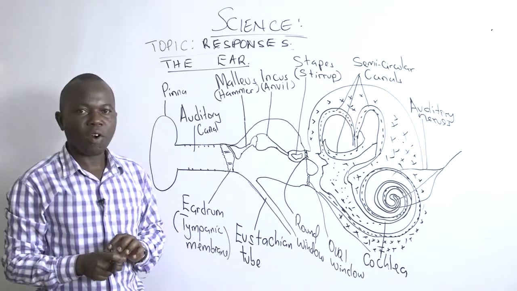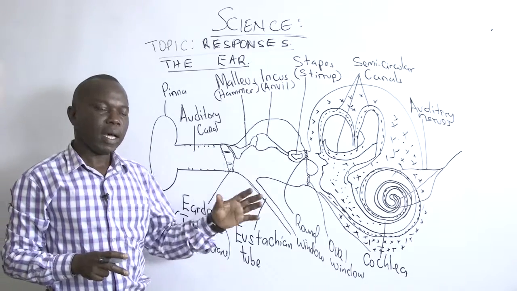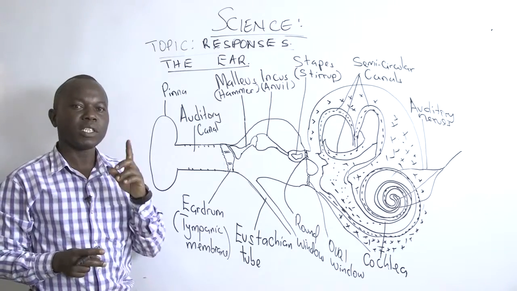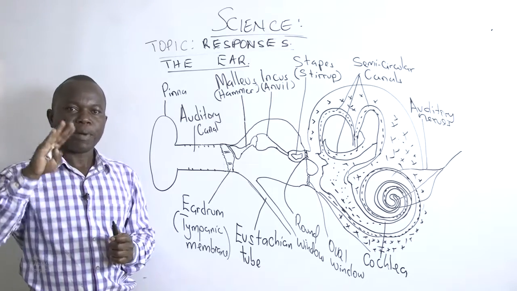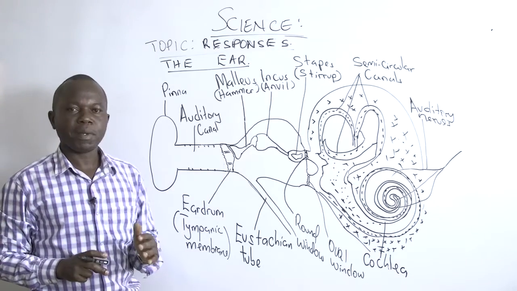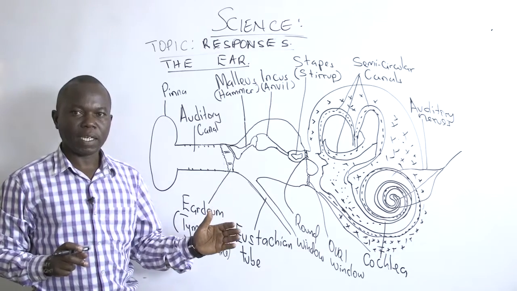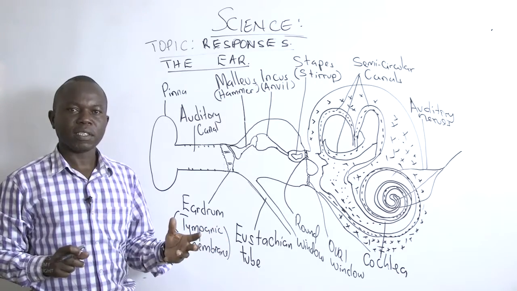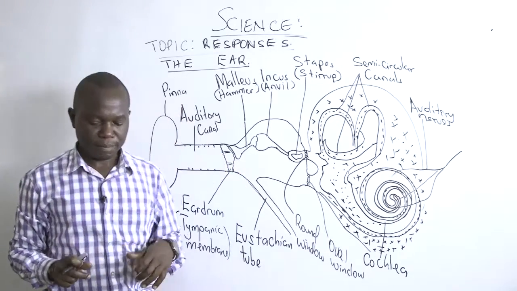So they transmit impulses from the inner ear to the brain. You can remember we looked at several parts of the brain. The part of the brain for senses, that is sight, hearing, and taste, remember that part? We were calling it the cerebrum.